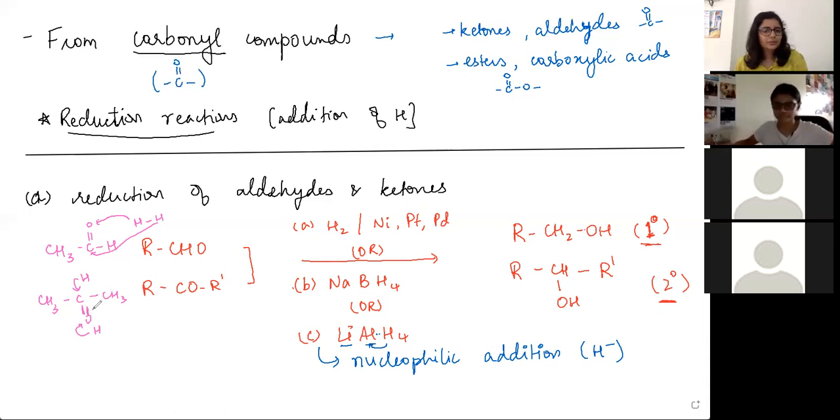Oxygen, having more electronegativity, pulls the electrons towards itself. So oxygen has a delta negative, this carbon has a delta positive. So the hydride is going to attack this carbon, and that's how the reaction proceeds. So that's the reduction of aldehydes and ketones.